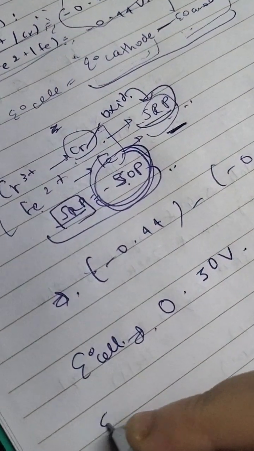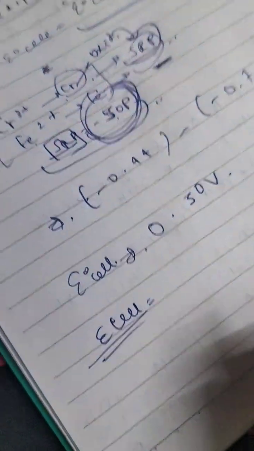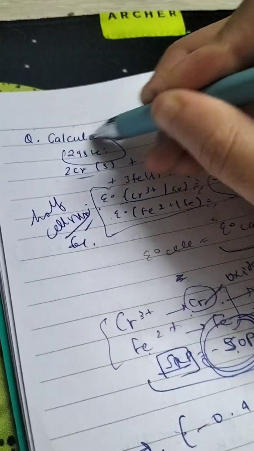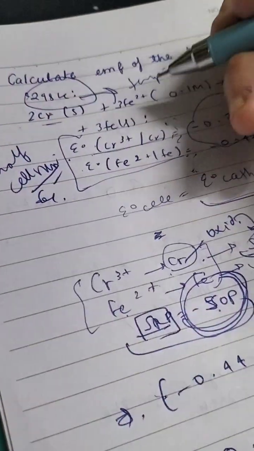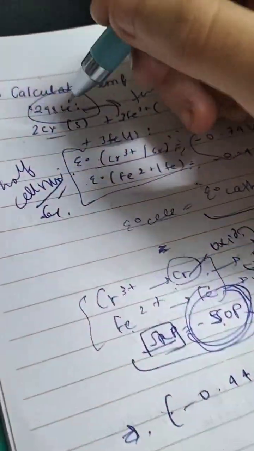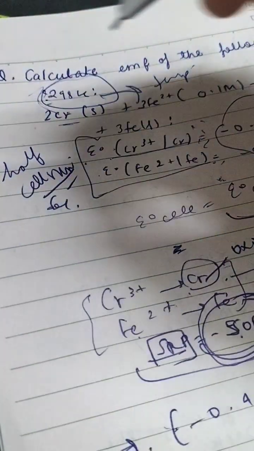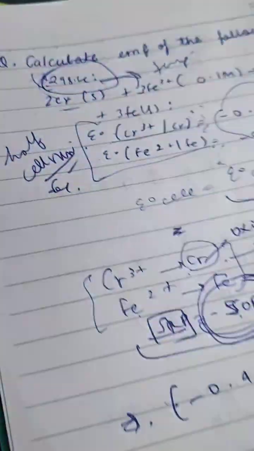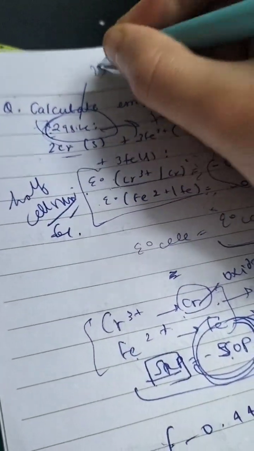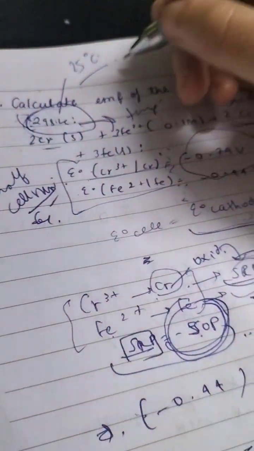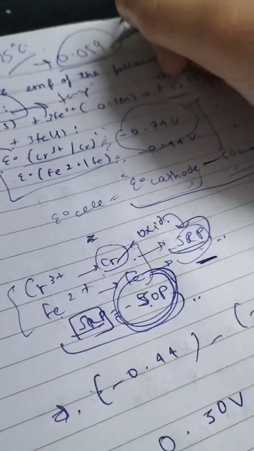But the question asks you to calculate the value of E cell. So take this particular temperature into consideration. If you have not watched my earlier video, I have discussed this particular thing right over here. So if the reaction is done at this temperature or even 25 degrees Celsius, you will take 0.059 as a constant.